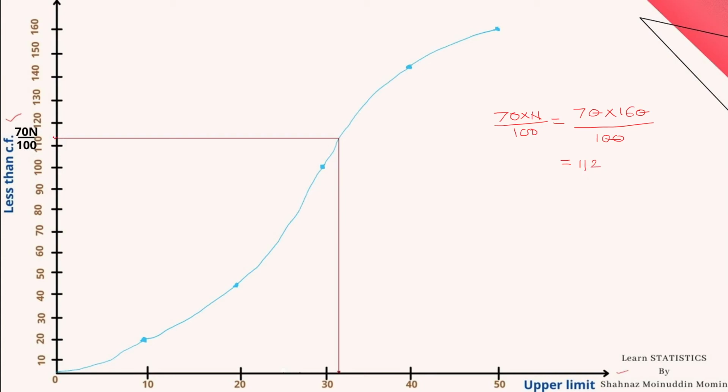Mark this point and draw a parallel line along the x-axis to touch the less than cumulative frequency curve, and drop a perpendicular from that point on the x-axis and read the x coordinate of the foot of the perpendicular, and that point is nothing but the value of the 70th percentile, and this value is 31.3. Hence the 70th percentile is 31.3.